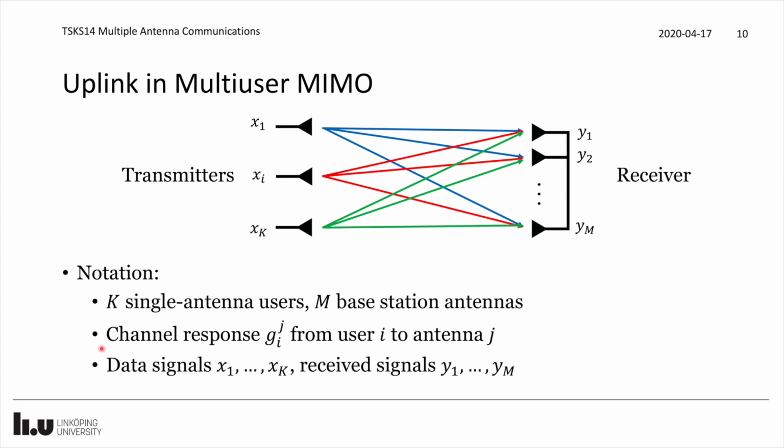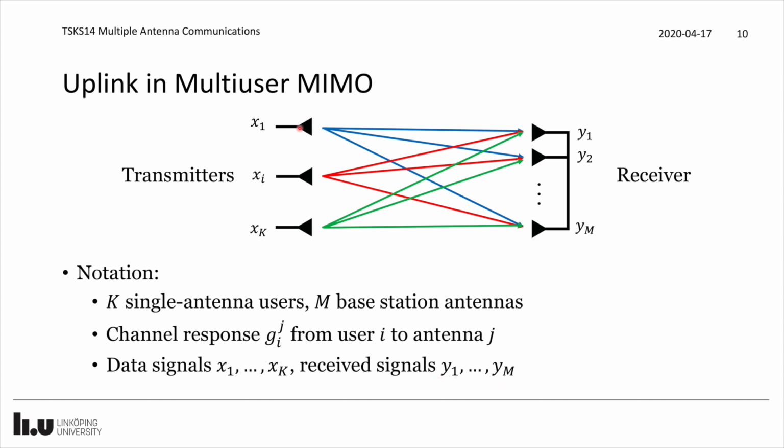And we'll let the channel response from user I to antenna J at the base station be denoted as g_i^j. So the superscript J is describing which base station antenna is receiving the signal, and the subscript I is describing which user is transmitting. The signals transmitted by the K users are called x_1 to x_K, and the received signals at the base station are y_1 to y_M.